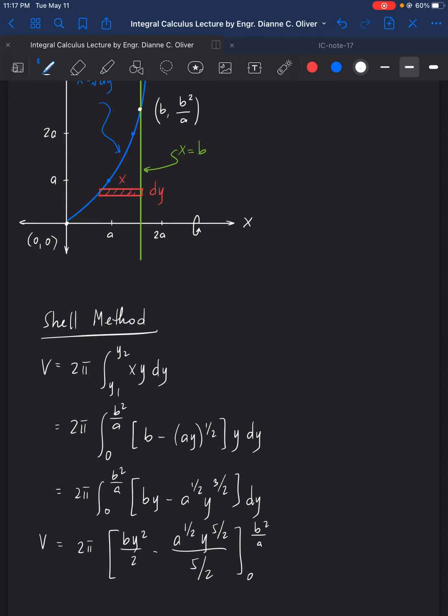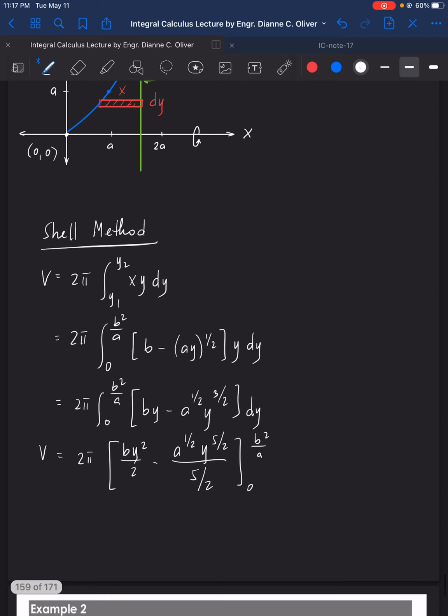Then we will substitute first the upper limit minus the lower limit. So, okay, I think we still have space here. 2 pi.